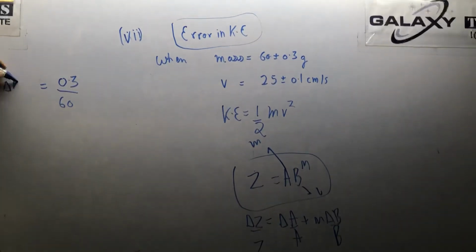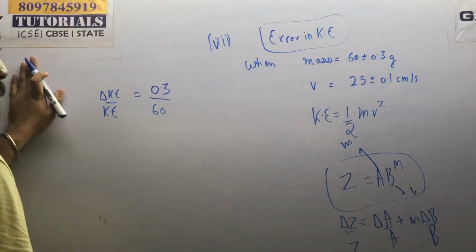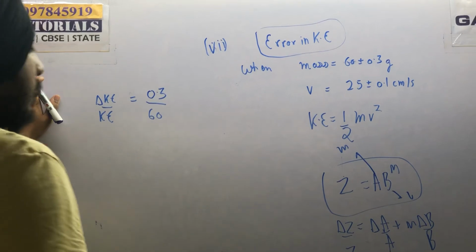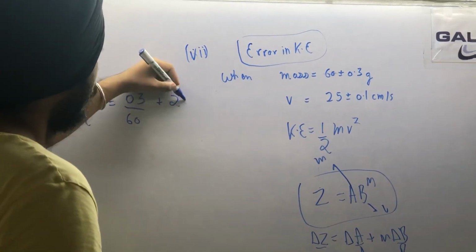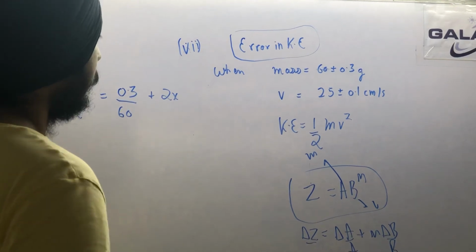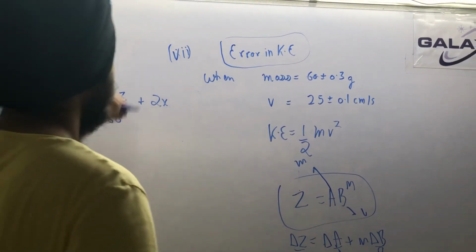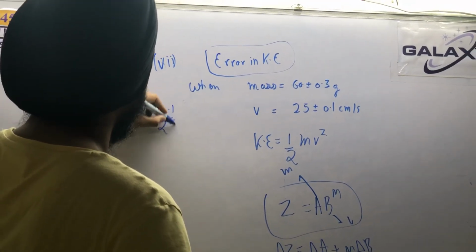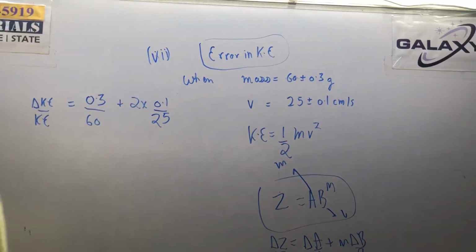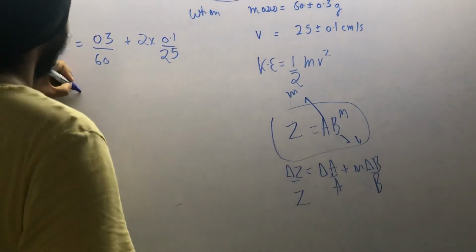I'll write delta KE, plus 2 into delta B upon B. So delta B upon B will be 0.1 upon 25. We have to just solve this to find the answer.